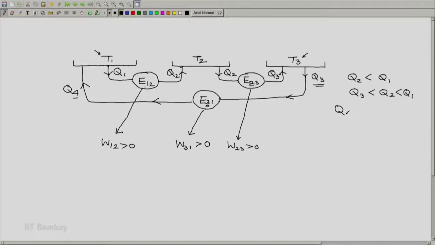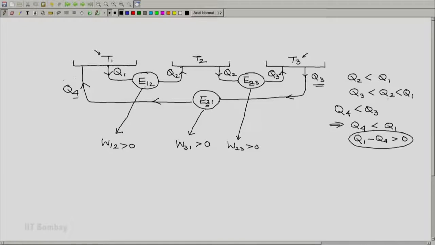So we must have Q4 less than Q3, and since Q3 is less than Q2 less than Q1, finally we should have Q4 less than Q1, giving you Q1 minus Q4 to be a positive number.